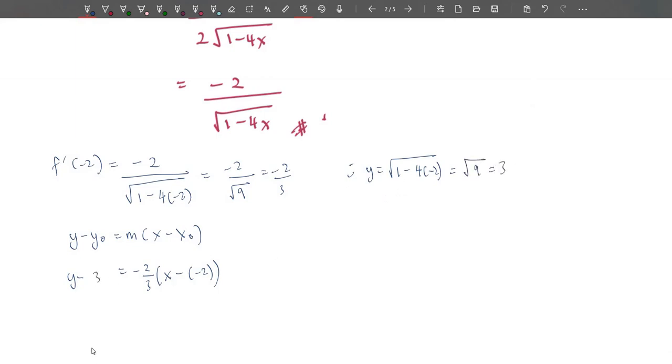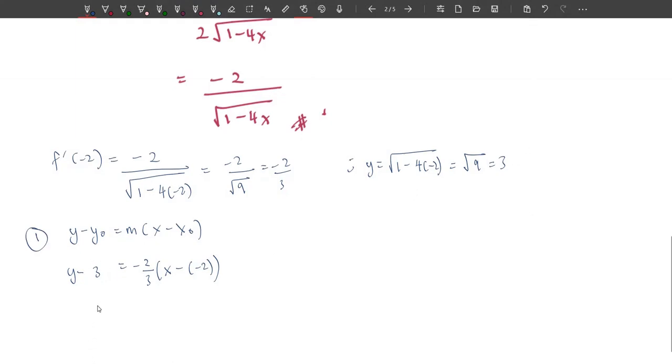So here y minus 3. Then rearrange, we have y is equal to negative 2 over 3 times x plus 2, negative times negative 2 is positive 2, times negative 2 over 3 is negative 4 over 3. When we rearrange here, it will be plus 3. And then we have the equation y equal to negative 2 over 3x minus 4 plus 9, which is plus 5 over 3.